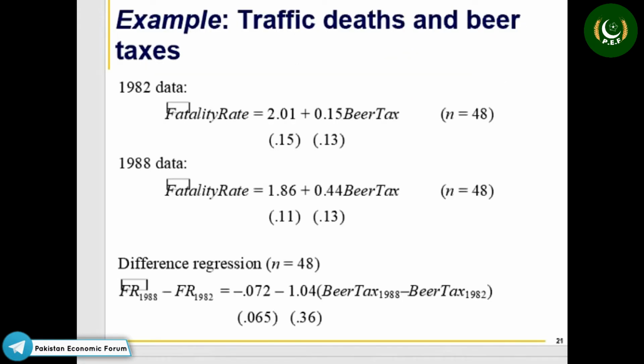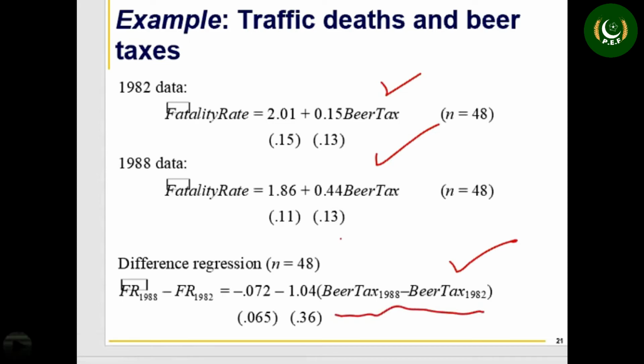Now, you have positive, and this one is significant as well. And here you have negative, so it means if you increase beer tax from 1982 to 1988, there will be a decrease in deaths due to the increase in beer tax.